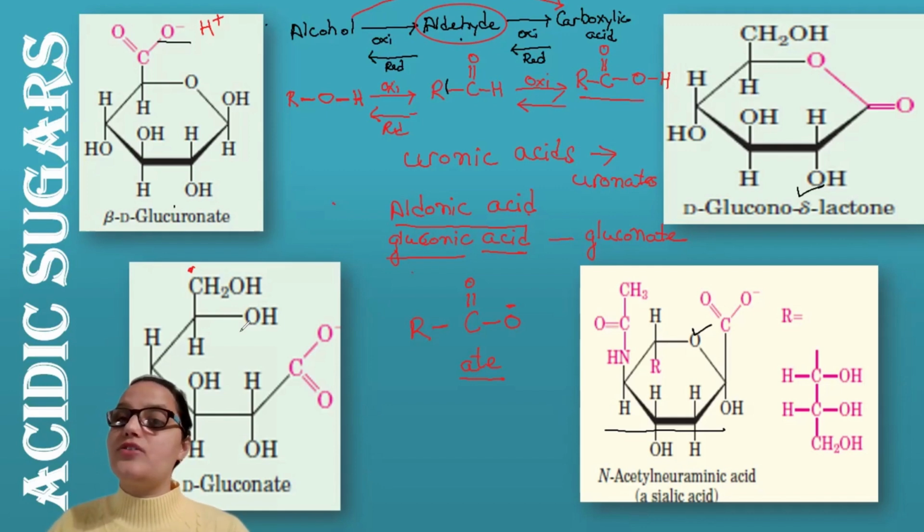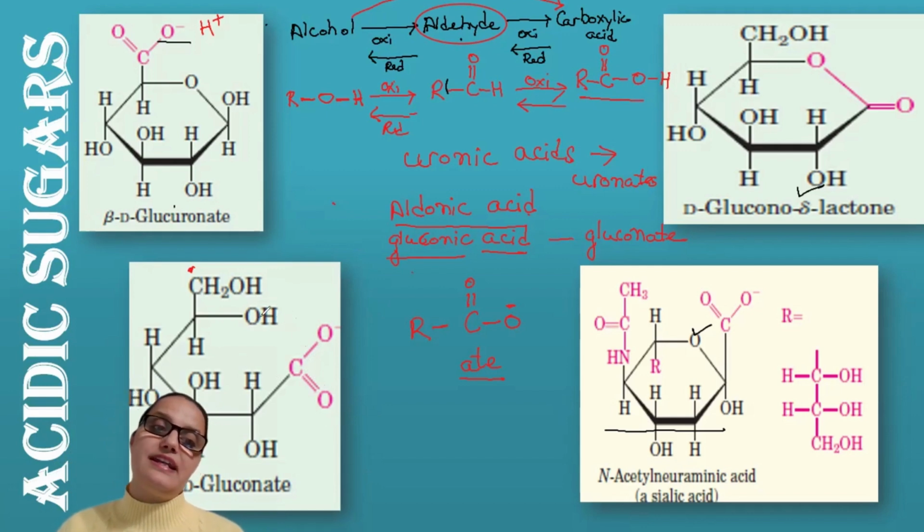Their intramolecular nucleophilic attack could happen just because both the carbonyl group and hydroxyl group were present in the same molecule. So over here also, this is the linear molecule with so many hydroxyls, and this is the carbon number 1 with a carbonyl group once again.